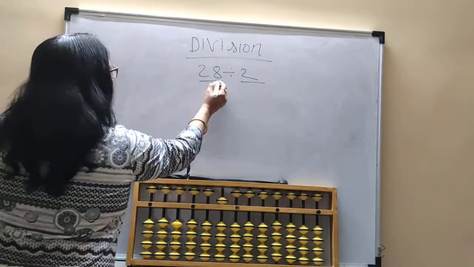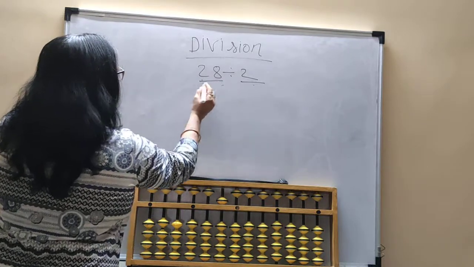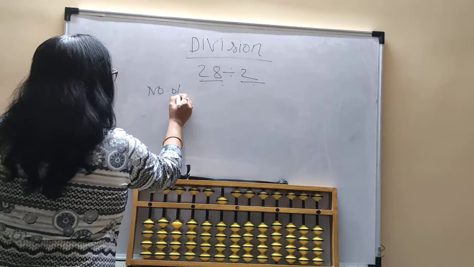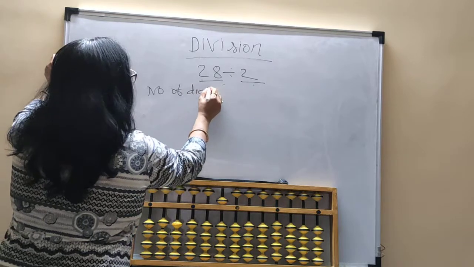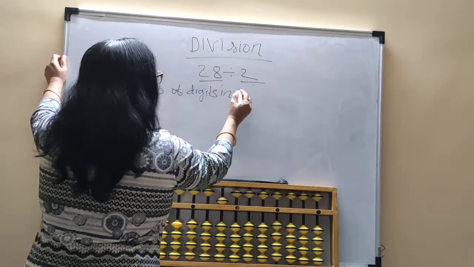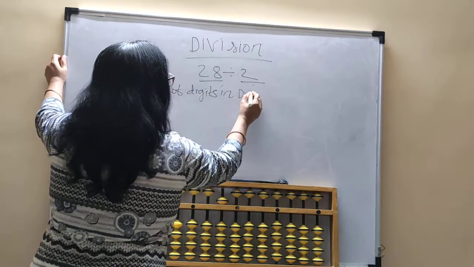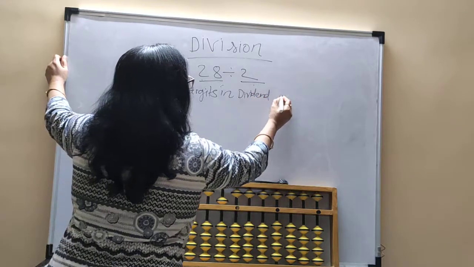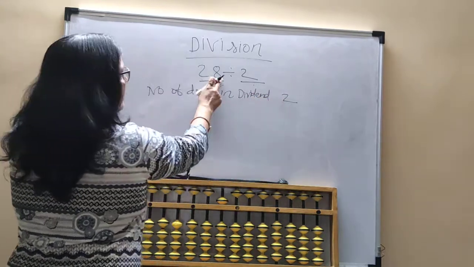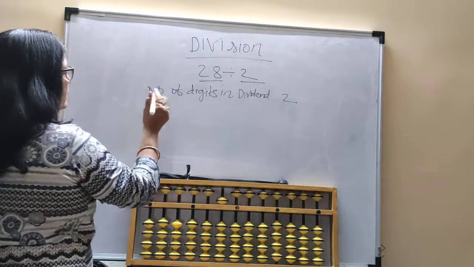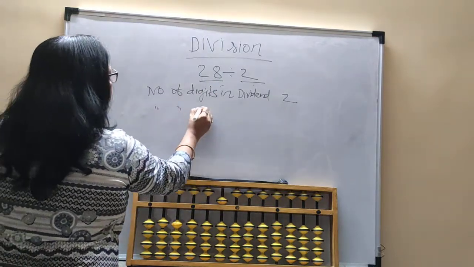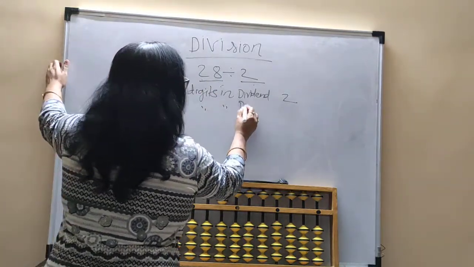First you have to count the digits. Okay, how many digits are there? Number of digits in dividend. That is 2 and 8, two numbers. Next, number of digits in divisor.